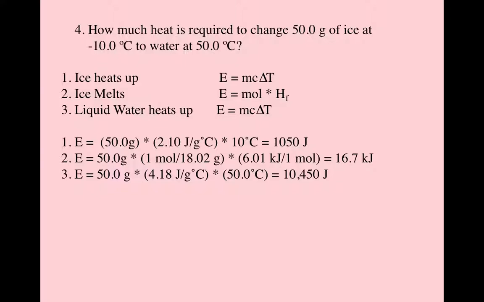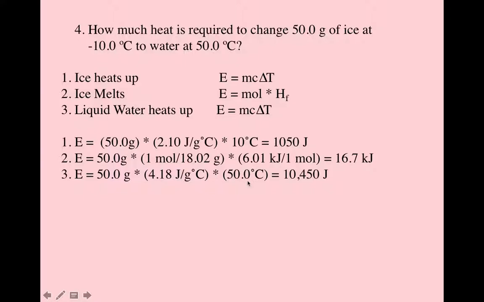That takes us into step 3 then. Here we have 50 grams times 4.18 joules per gram degree Celsius times 50 degrees Celsius. So in this case, we now have water. The ice has melted. It's the same 50 grams, but we're going to multiply by 4.18 joules per gram degree Celsius. It takes more energy to increase the temperature of water by a degree.